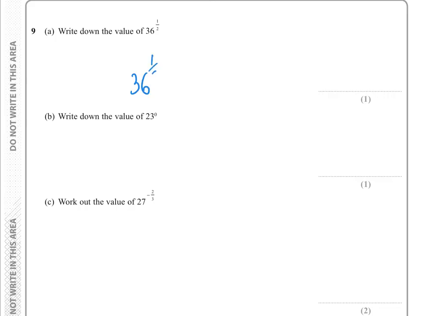36 to the power of half is the same as writing the square root of 36, which is just 6. Anything to the power of 0 is 1, so we have 1 here. And 27 to the minus 2/3, well, that's a little bit more complicated.